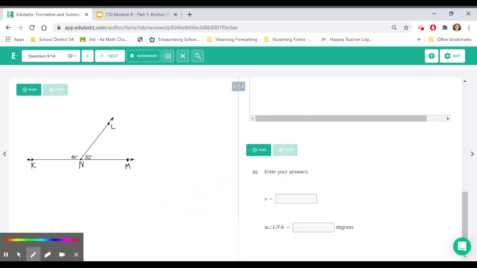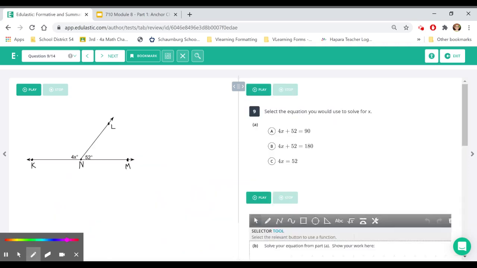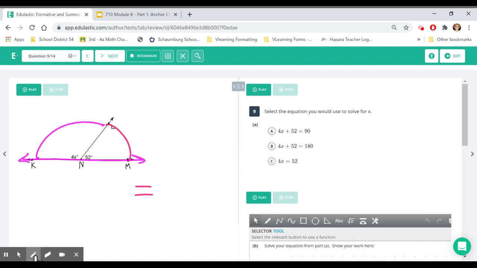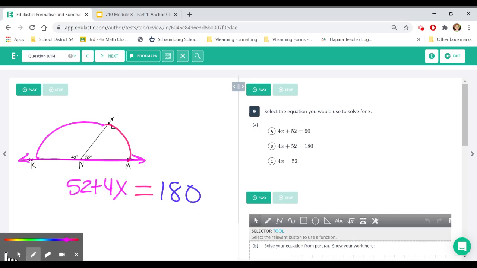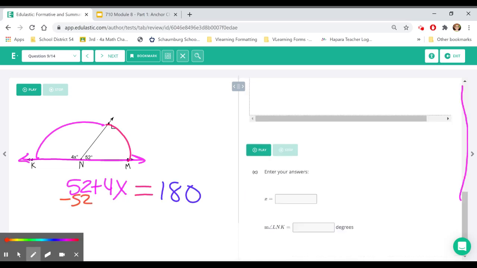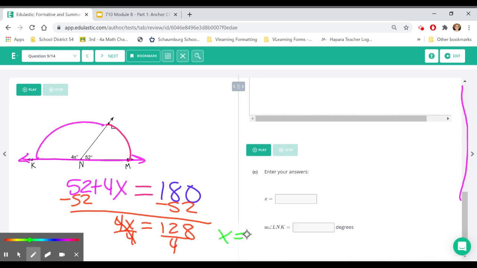Question 9 is very similar, except now we have a supplementary angle pair. This angle for x sums with 52 to equal 180. So that would be B. We're going to show work here, subtracting 52 on both sides, then dividing both sides by 4 to get x is equal to 32.